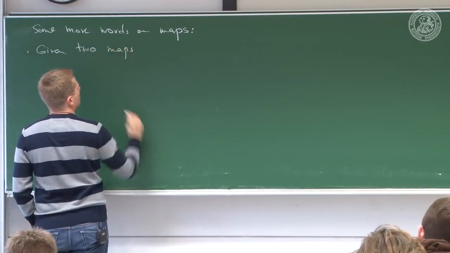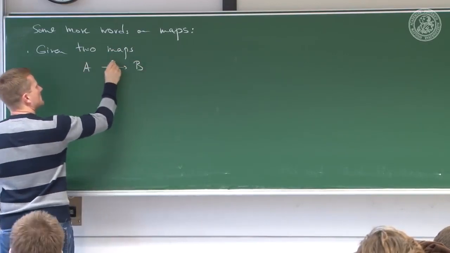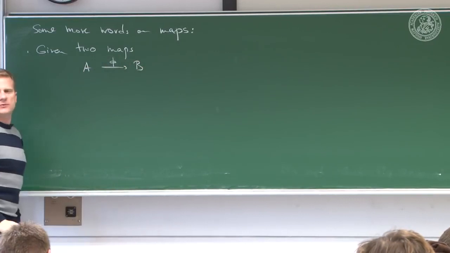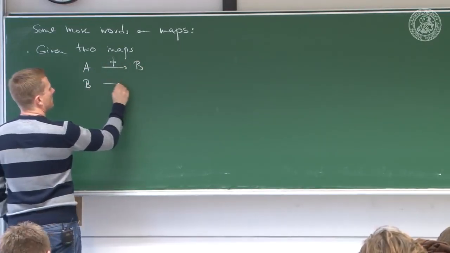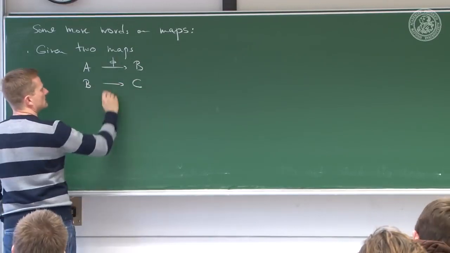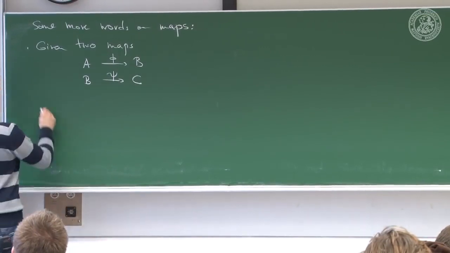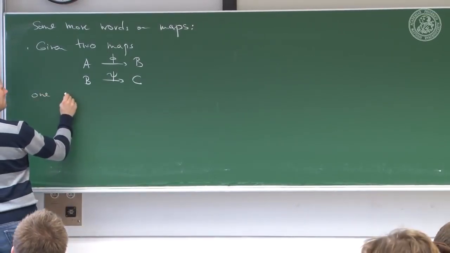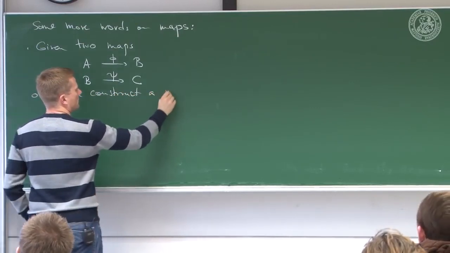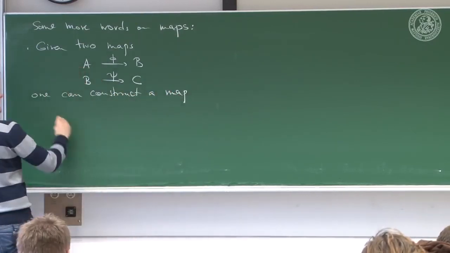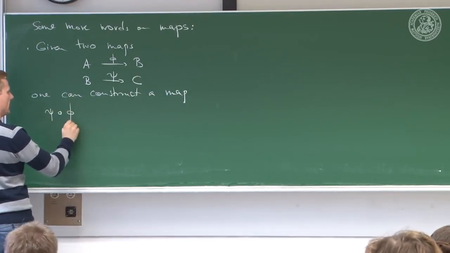Given two maps from A to B, and sometimes it's convenient to denote the map on top of the arrow, from A to B, and another map from B to C, let's call this other map psi. Given two maps, one can construct a third map.